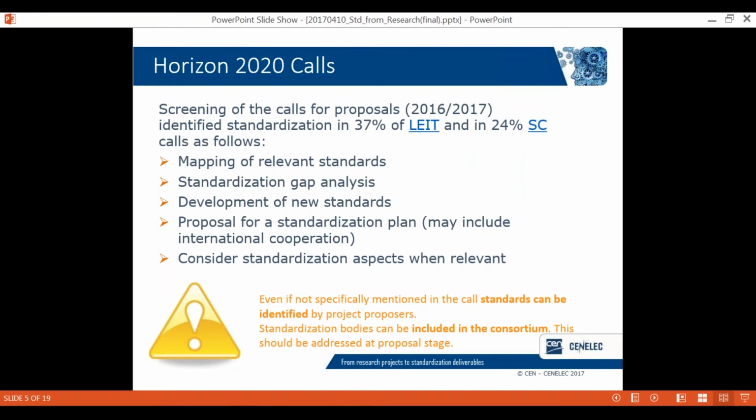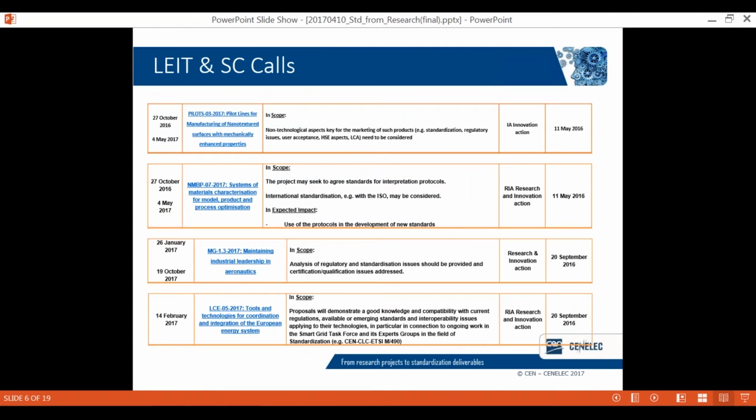However, I selected a few for the purpose of this presentation, just to show you how the call is done, and then of course going a bit deeper into how researchers interpret this and what the different mechanisms and different scenarios are for researchers to transfer their results into standardization by addressing these calls.